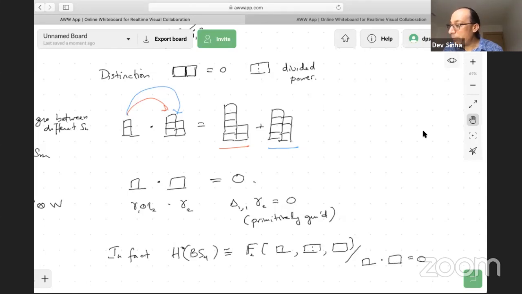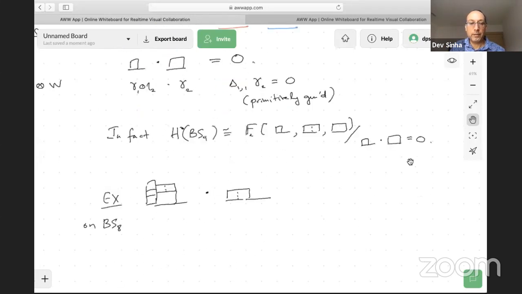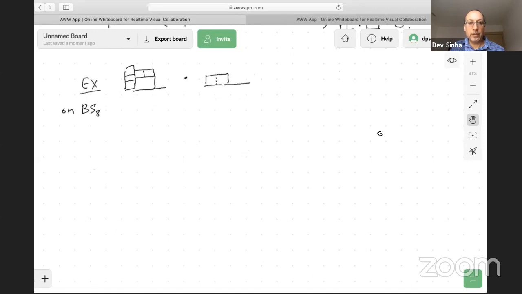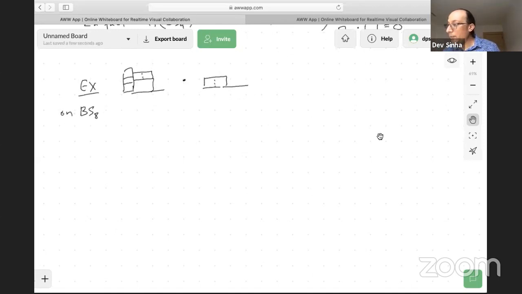First, as I write the pictures down, let's think about what these generators are named. This is on BS8. Sorry, let me show the example. So what can happen here?